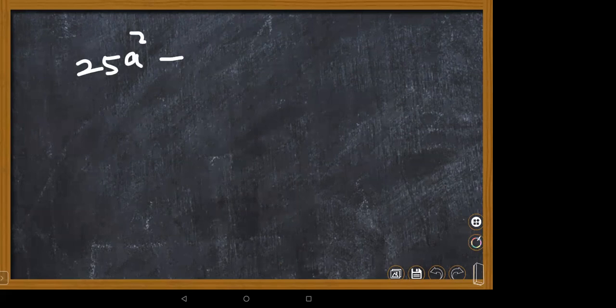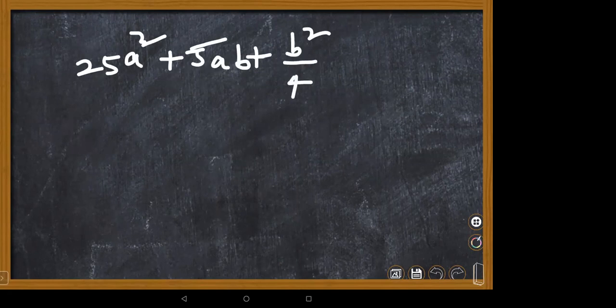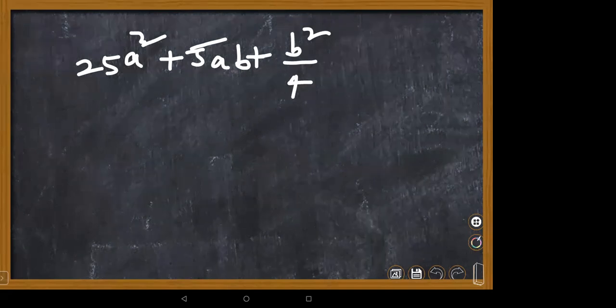25a square plus 5ab plus b square by 4. Come on, think and give the next step, children, please. Ma'am, first we'll get 5a square whole square.